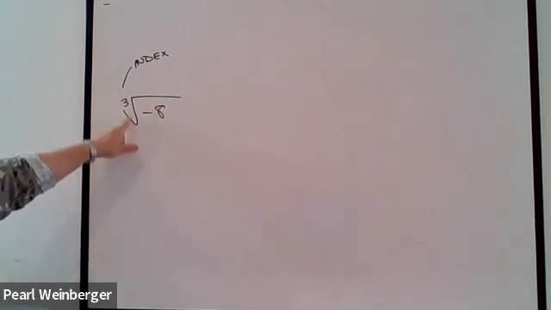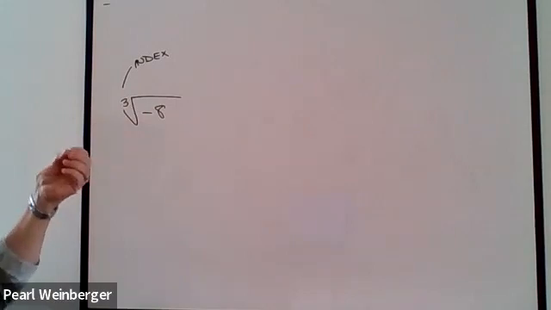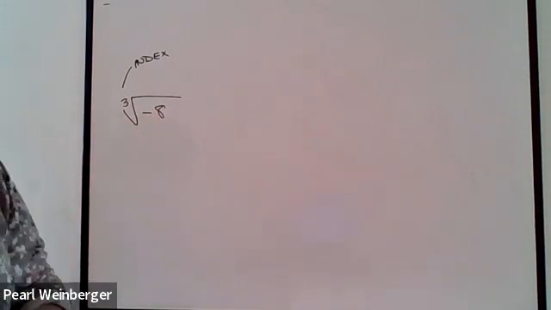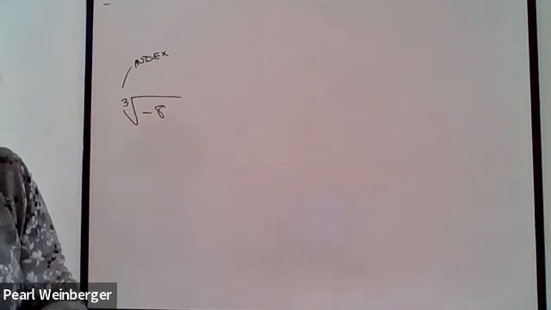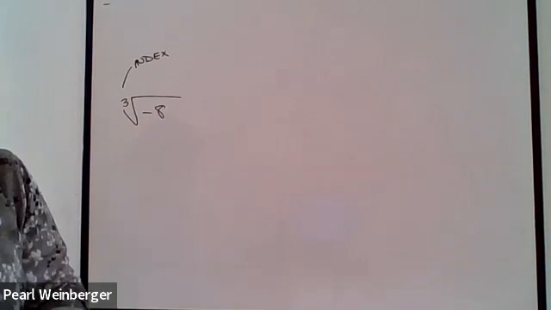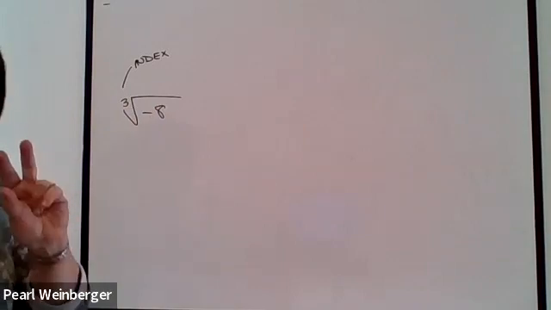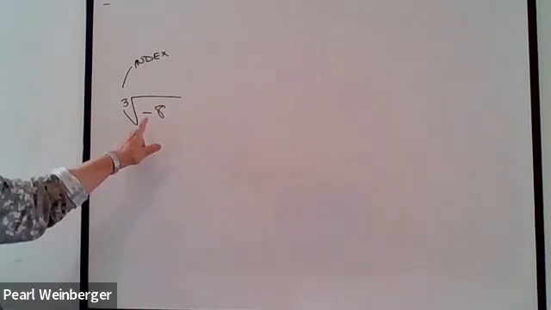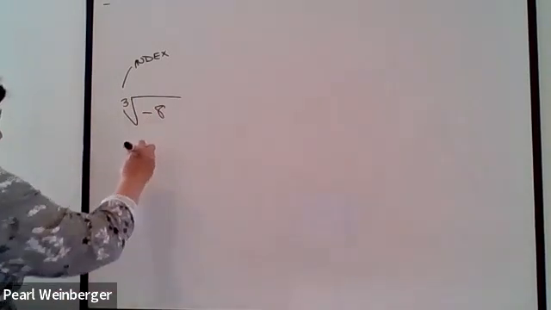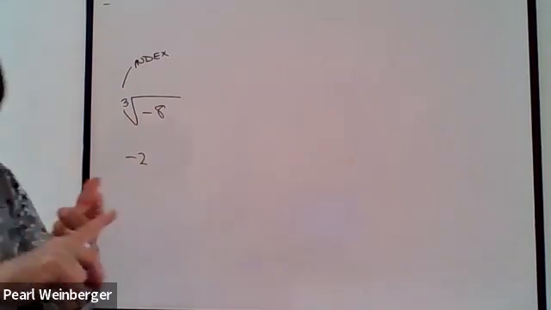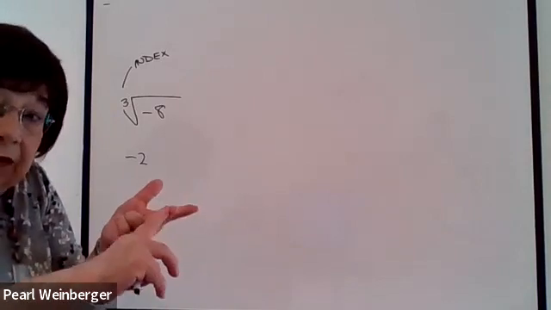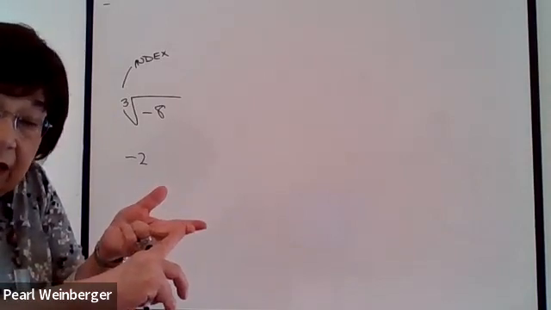This is read the third root, or sometimes the term is the cube root of -8. What I'm looking for in that case is a number multiplied 3 times that'll give you -8. Now, when you have a cube root, you actually could have a negative in the number, because if you took -2, -2 times -2 is +4, and +4 times -2 is -8.